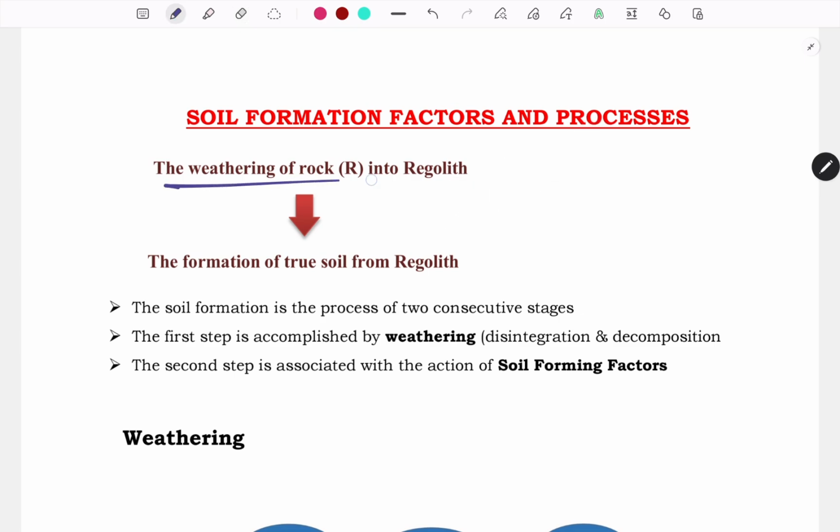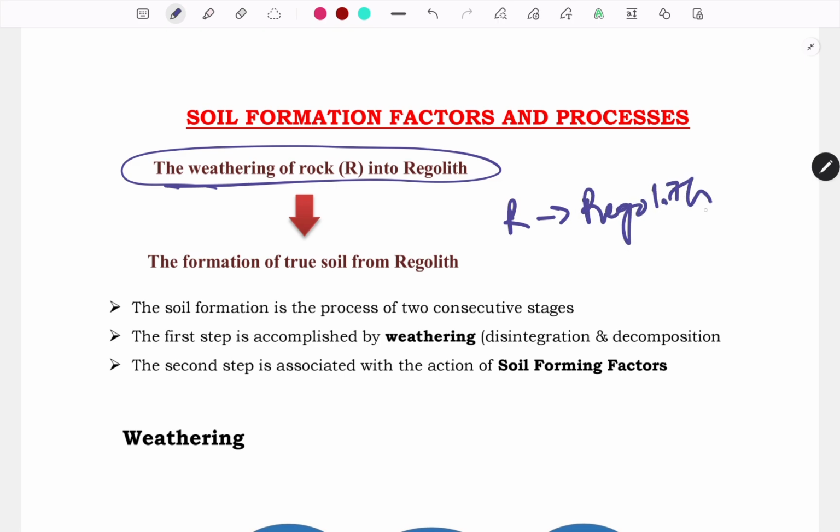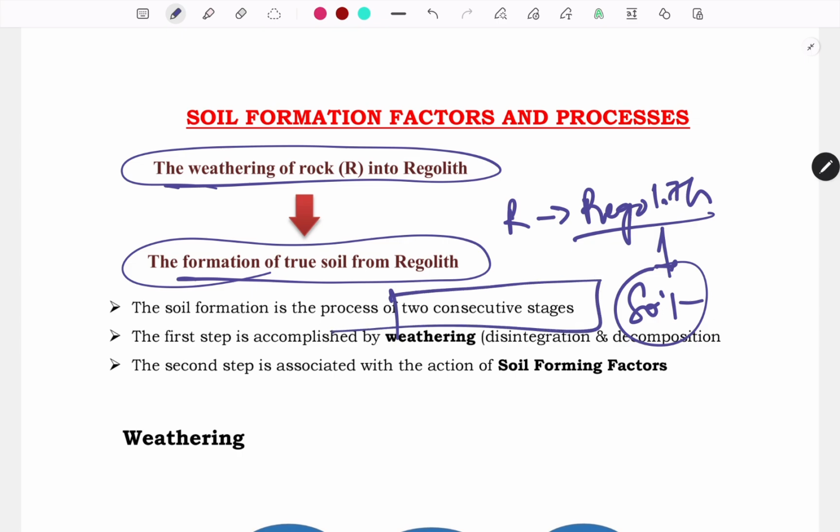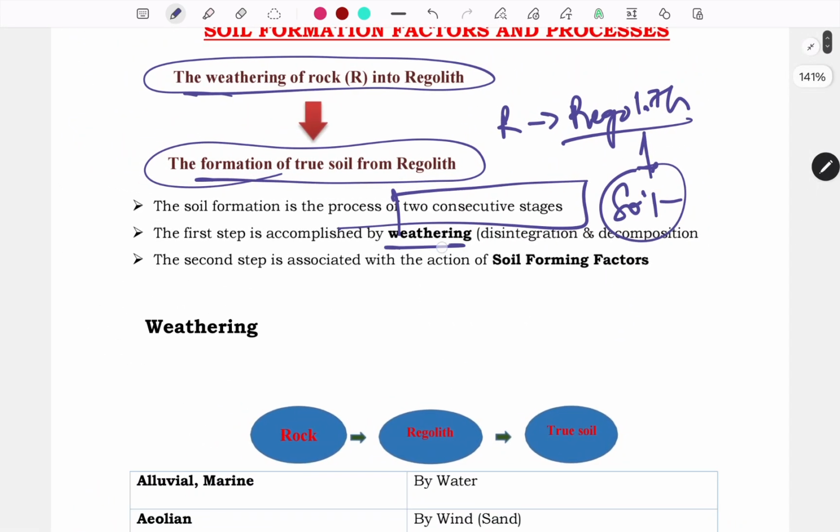See, the weathering of rocks into regolith: first the rock forms into regolith, then the regolith forms into soil, the formation of true soil from the regolith. The soil formation process has two consecutive stages. First is weathering, that is rocks get weathered.